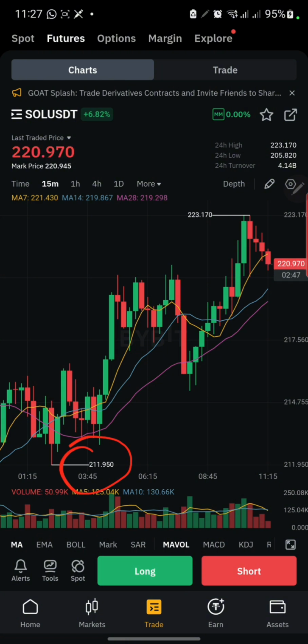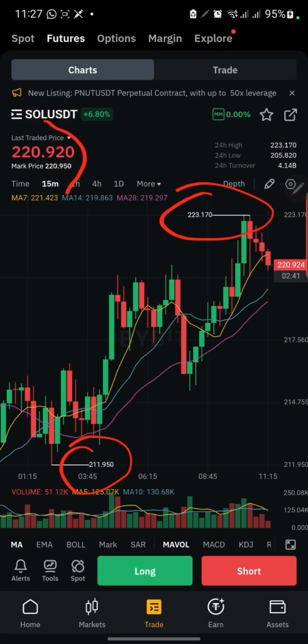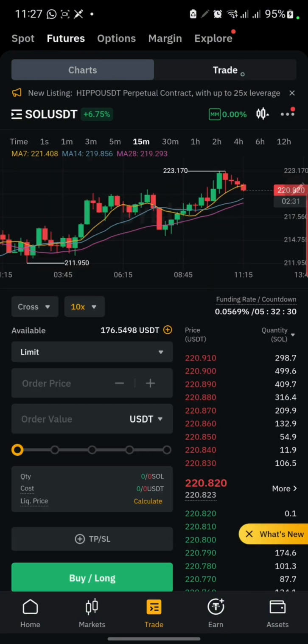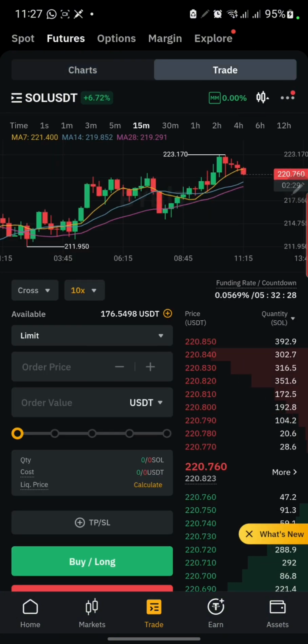And whenever it goes up to $223, the system should sell it for you. So that is the meaning of limit buy. Now let me make it practical.